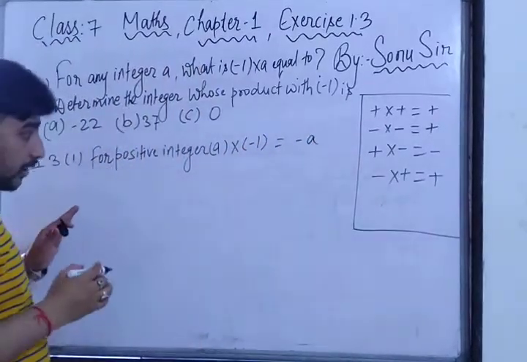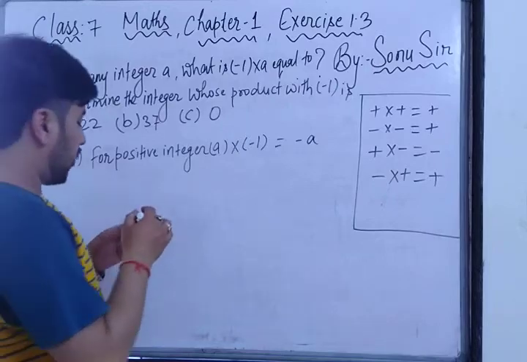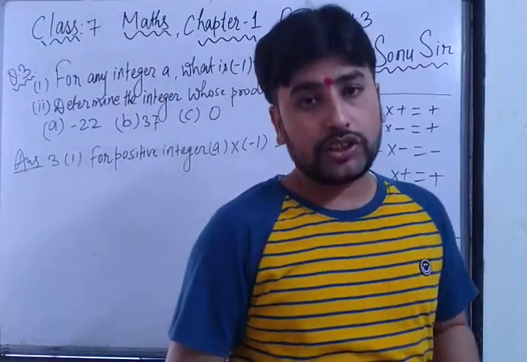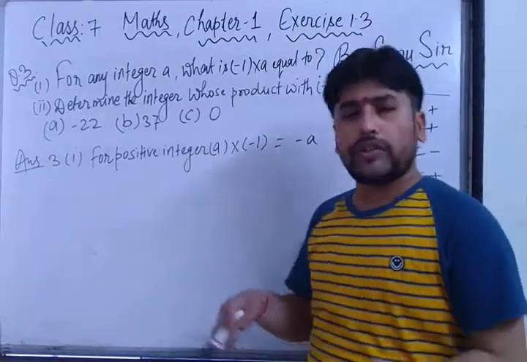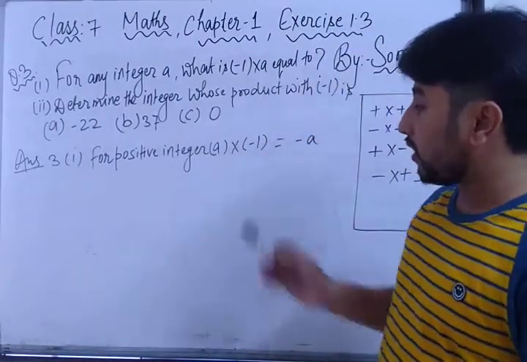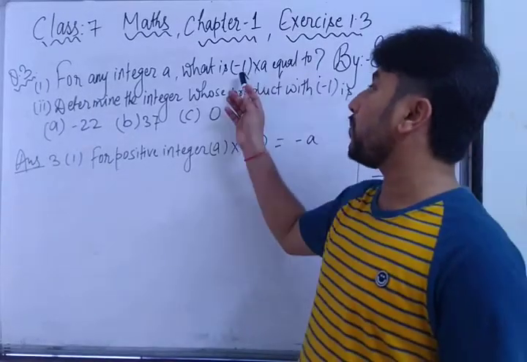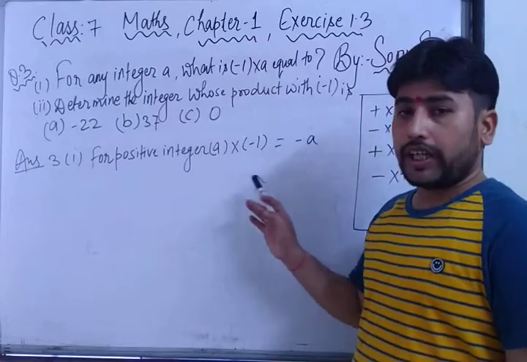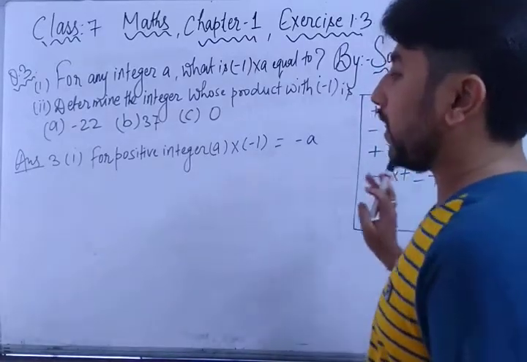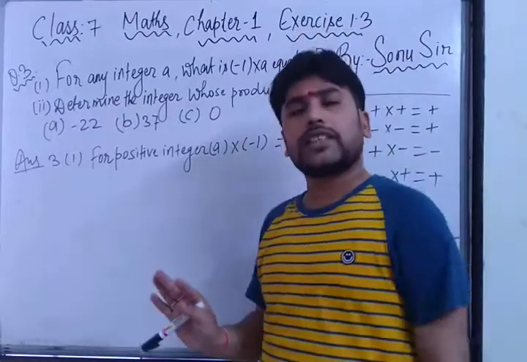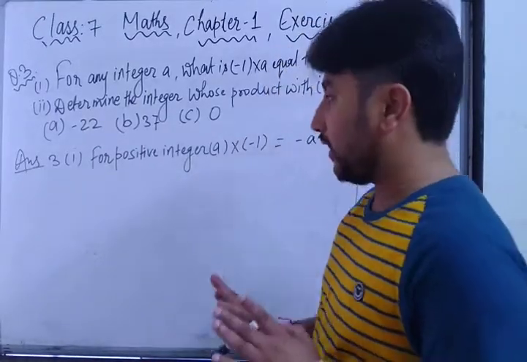Means if a is a positive integer, like 1, 2, 3, 4 till infinity, all are positive integers, and you multiply it with minus 1, the result will be minus a. A into minus 1 is equal to minus a. Here a can be 1, 2, 3, 4, all the positive integers.